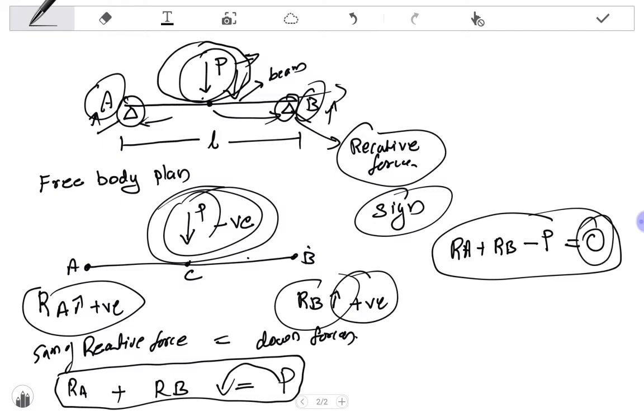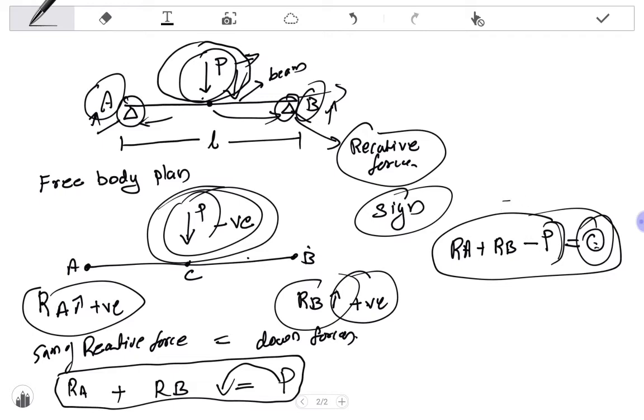To get that, you have to use the proper signs of the forces. The reactive forces are positive and the downward force is negative. When you do the summation, you have to put the proper sign, then only you will get the answer 0. That is another thing you should keep in mind.